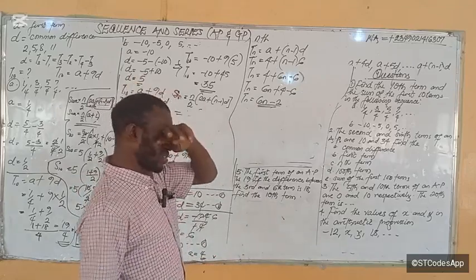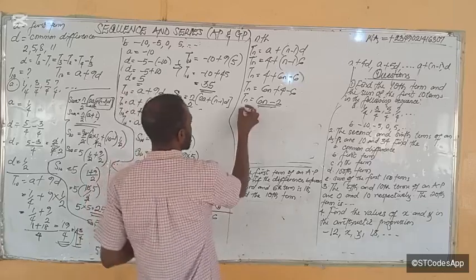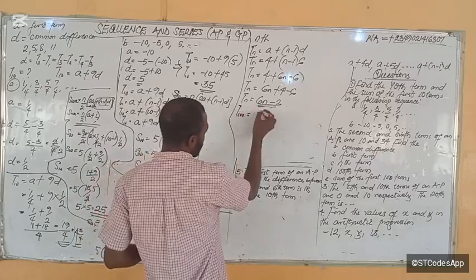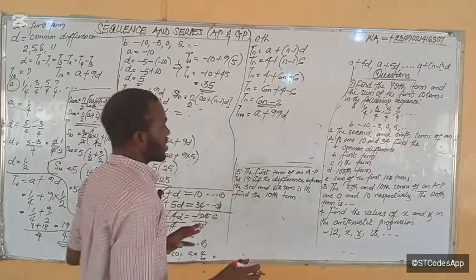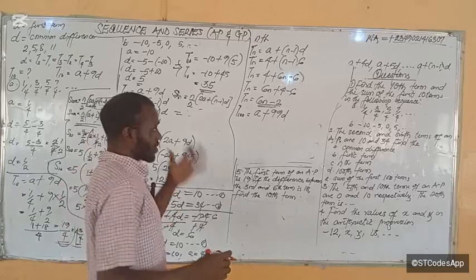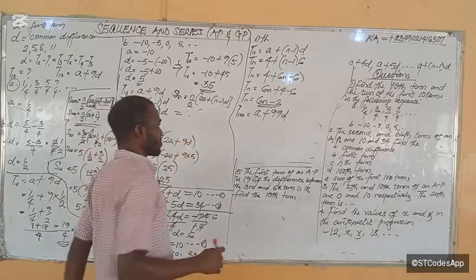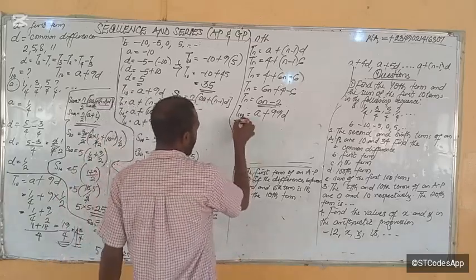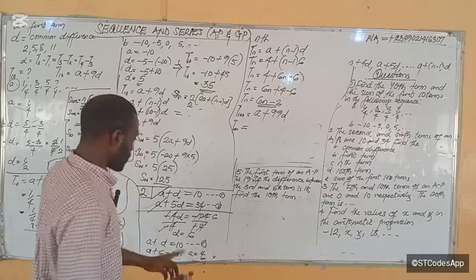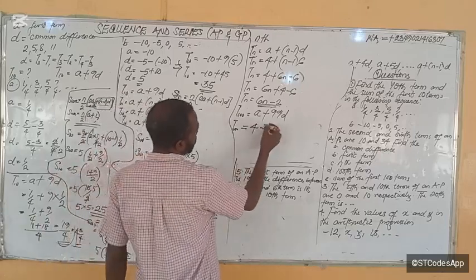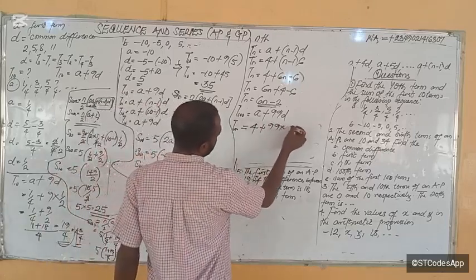Now, how do I find the 100th term? Very simple. The T100 will be a plus 99d. Isn't it? I hope you already understand how I'm generating that, okay? So T100 will be equal to, what is a? a is 4. So we have 4 plus 99 times 6.